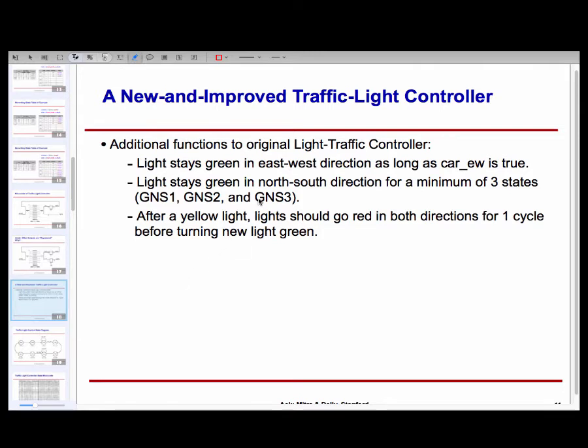Maybe what we might want to do is, for safety reasons, instead of going from yellow red to red green, we go from yellow red to red red and then to red green. Okay, so we want to add some safety in each direction. So these are all reasonable changes one might expect to be made to the specification.